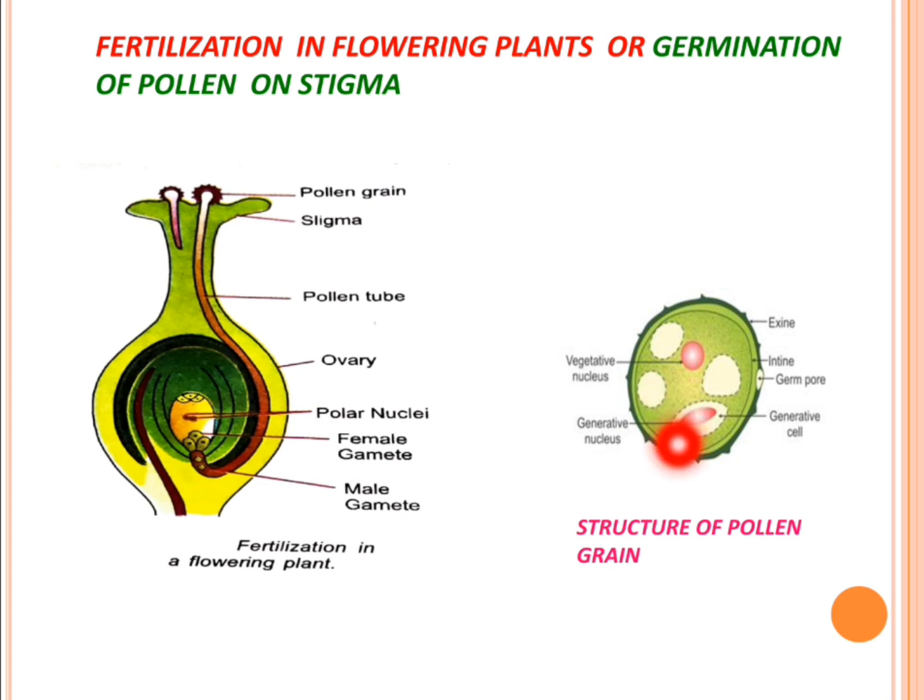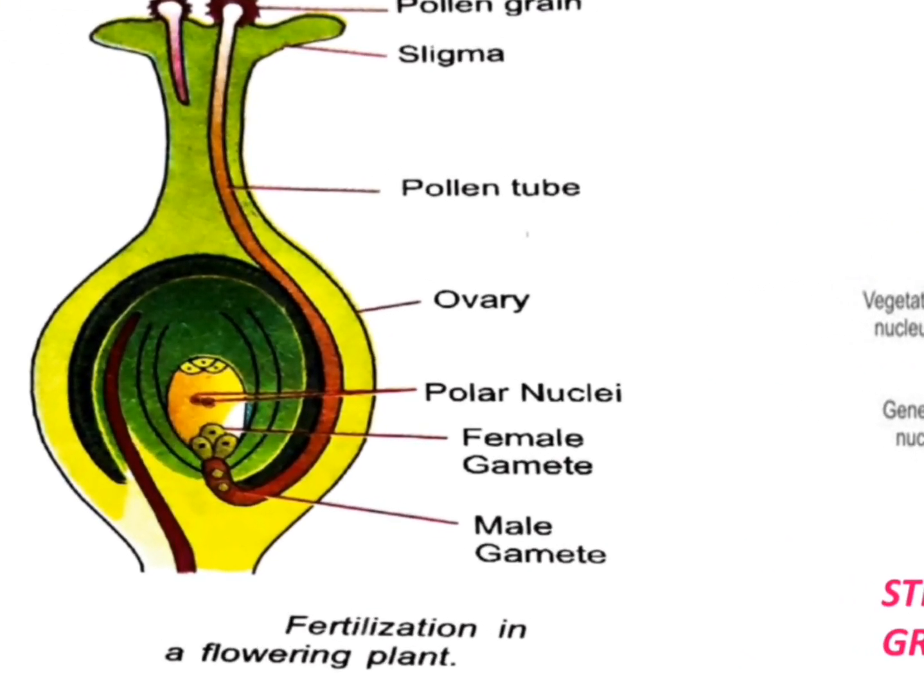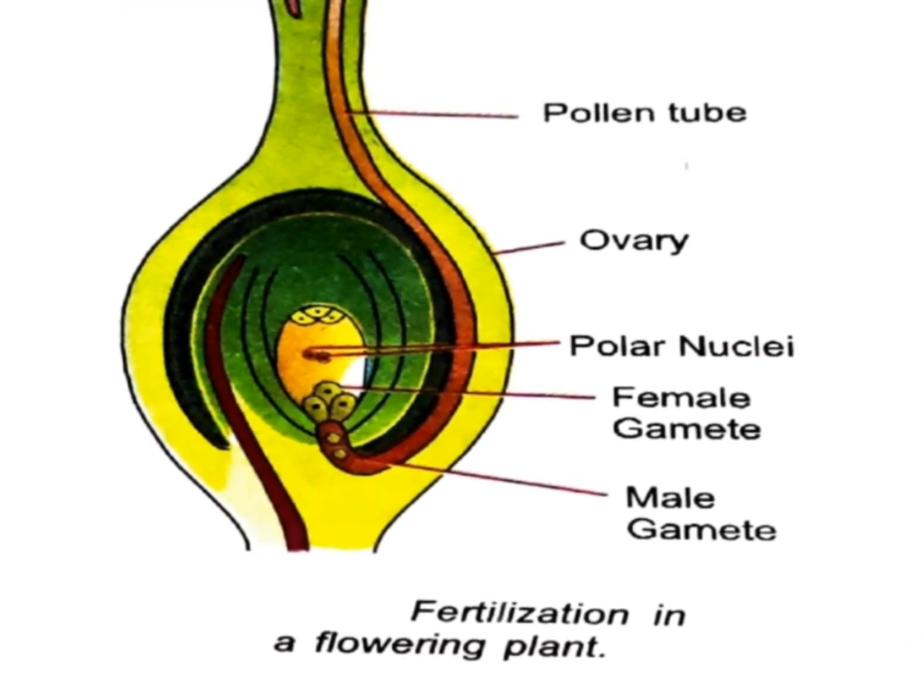The generative nucleus divides further to form two male gametes. This pollen tube enters the ovary through the style, carrying two male gametes, and enters the embryo sac of the ovary part, where the egg cell is present.